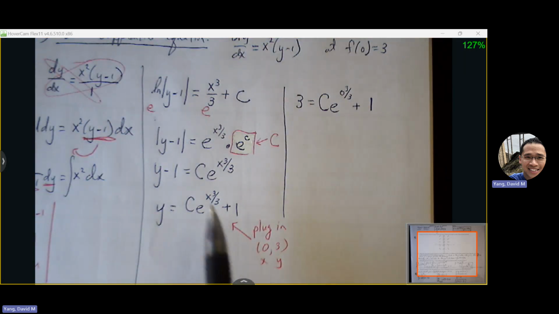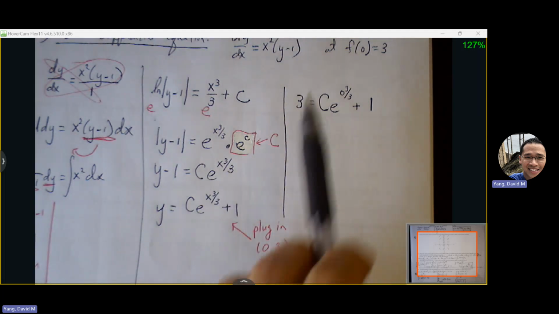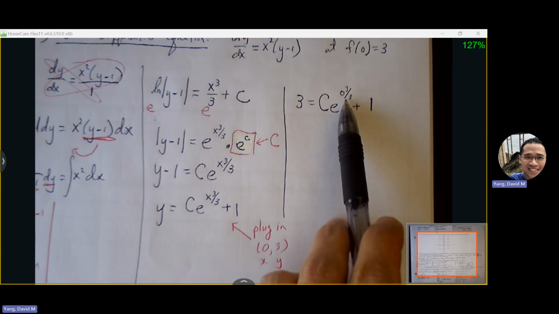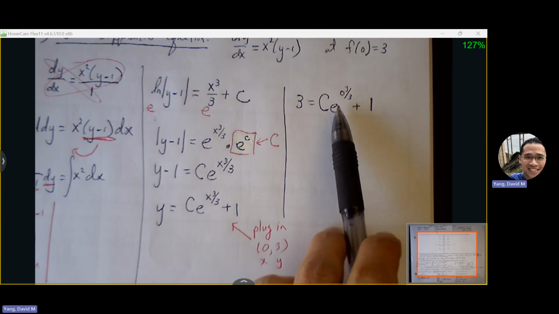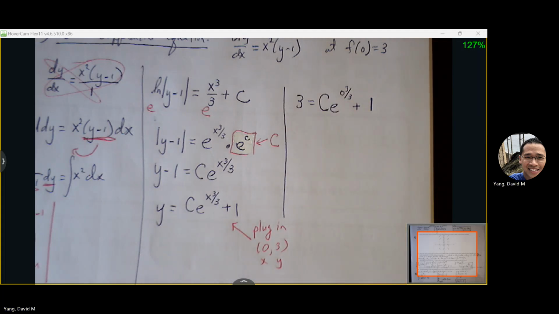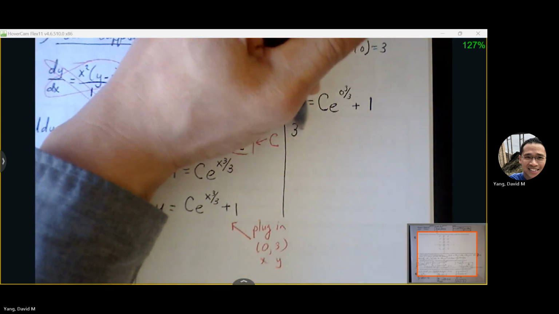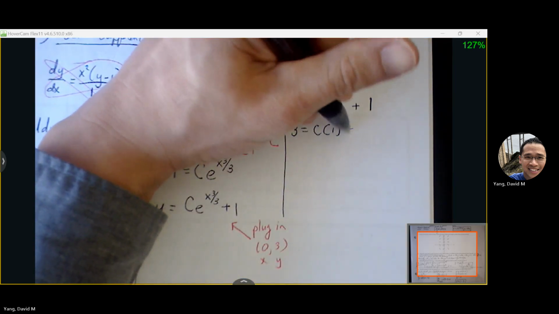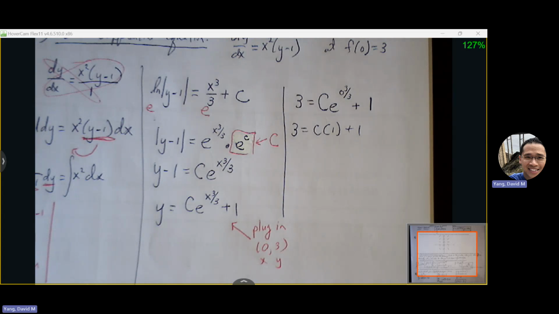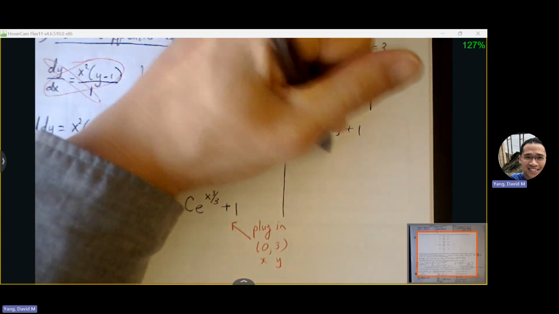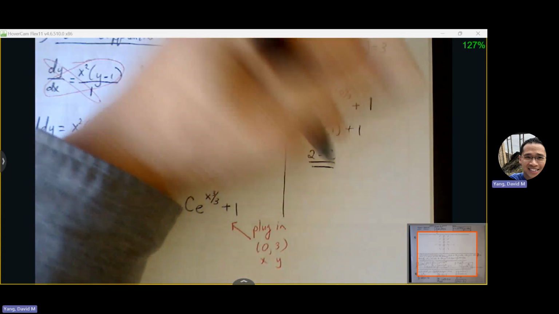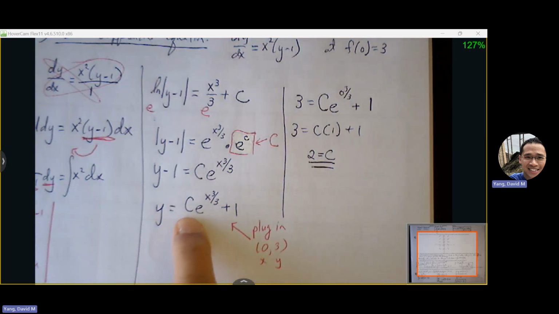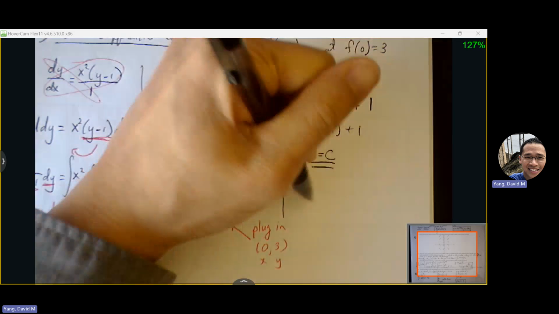We want to make sure that we're not making assumptions. Sometimes we assume that 0 is going to wipe out everything. In this case, it does wipe out the exponent, but e to the 0 is not going to be 0. e to the 0 is 1. 3 minus 1 is 2. c equals 2. Now we can go back and insert that 2 in for that c and update our general solution to a specific solution.